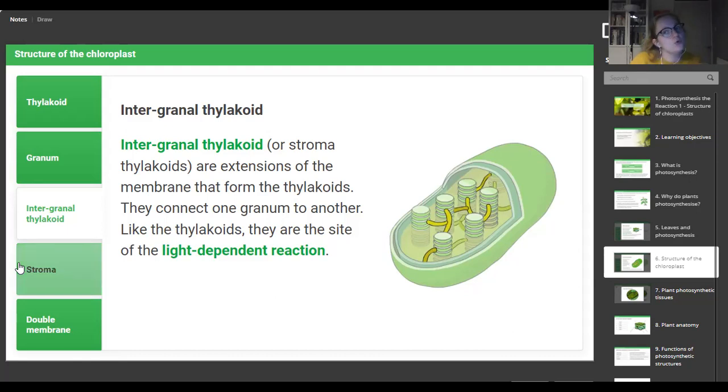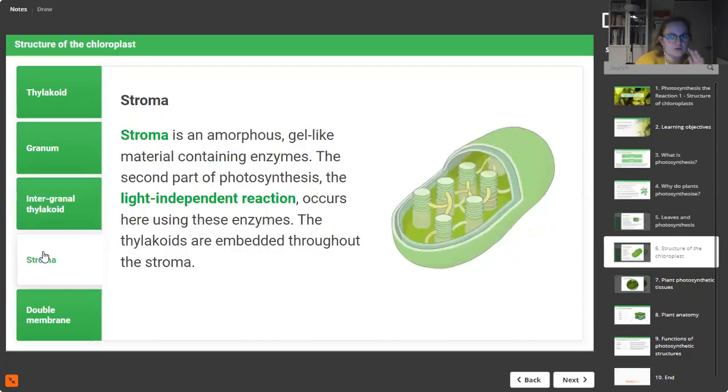Then we have two more parts of the chloroplast we have to know. We have the stroma. The stroma is very similar to cytoplasm in a cell. The stroma is an amorphous gel-like material which contains enzymes. And this is where that second part of photosynthesis takes place, our light-independent reaction. This is the part of photosynthesis that doesn't need light.